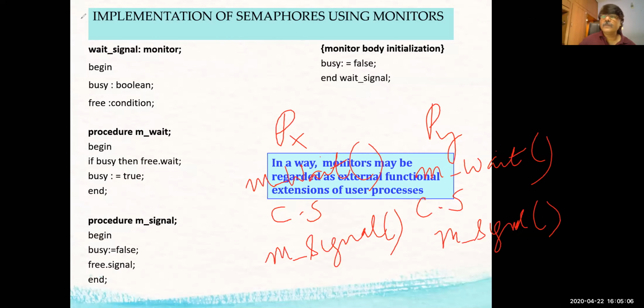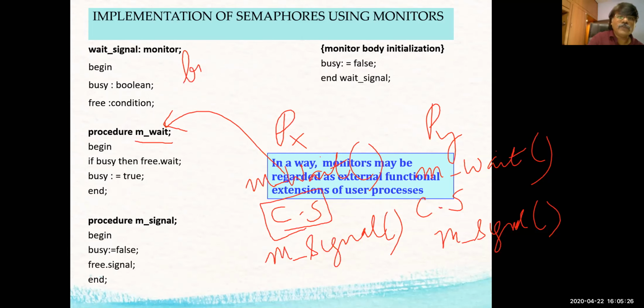So process X is an outside process, but it uses the function present in the monitor. Before entering the critical section, it will invoke the function mWait of the monitor. Now the monitor will check the value of the busy variable. Busy is set to false initially, which means the resource is free.